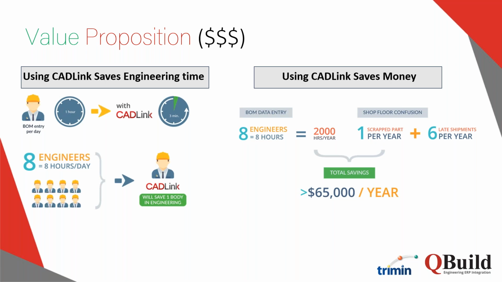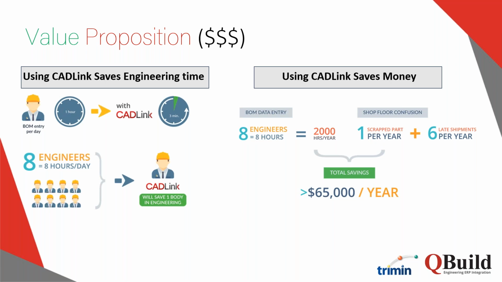If they're spending 1 hour per day manually right now or with an import-export process, with the use of CADLink, that whole process is going to be reduced down to just a couple minutes or a couple of seconds. So let's say 3 minutes per day now. And if we have an engineering team of 8, they're all doing BOM entry. So that's about 8 hours per day in total of BOM entry for the whole team. And with the use of CADLink, that's going to essentially save one body's worth of time in the engineering department.